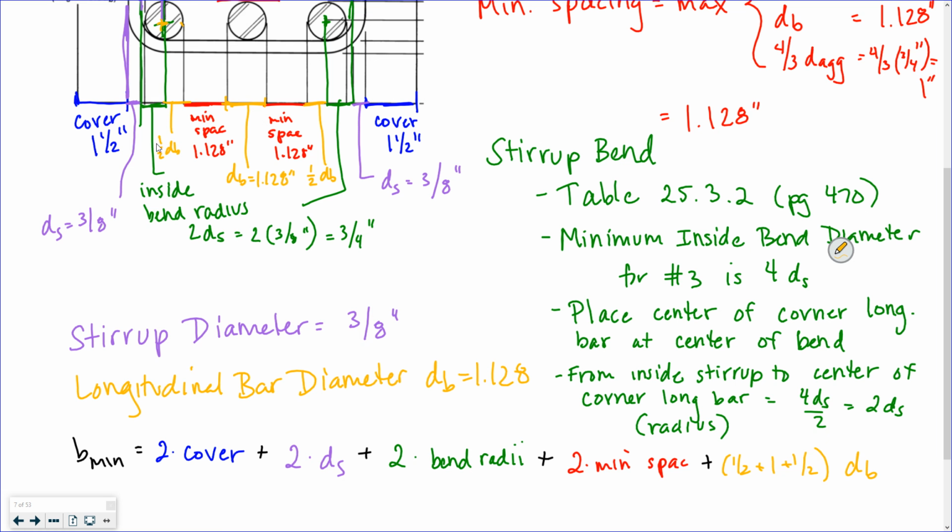Then my 1 center bar dB, and then half of my 2 corner bars, so half dB plus half dB.